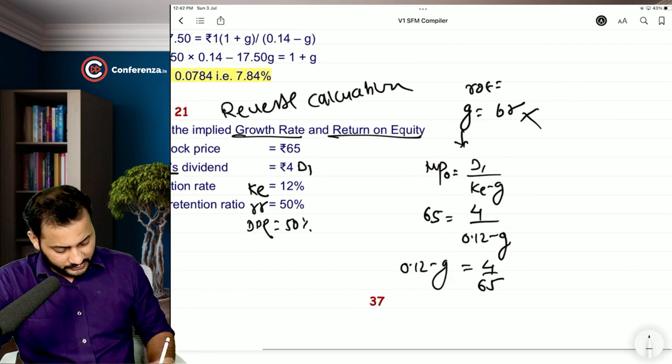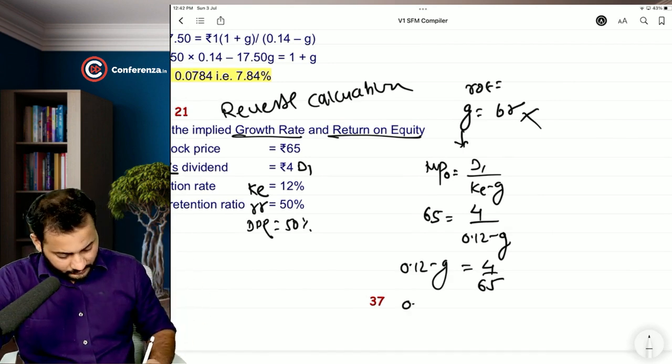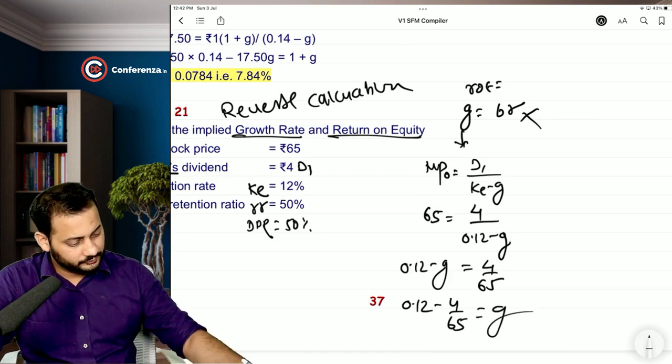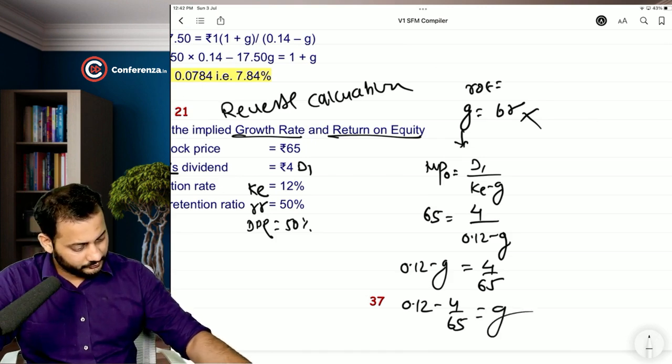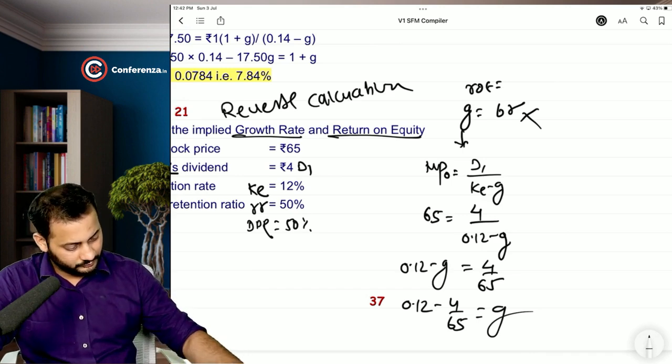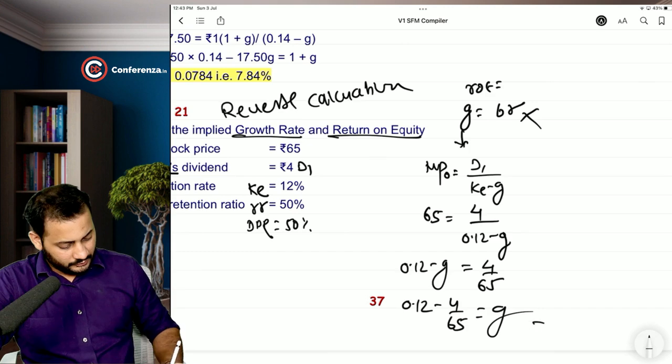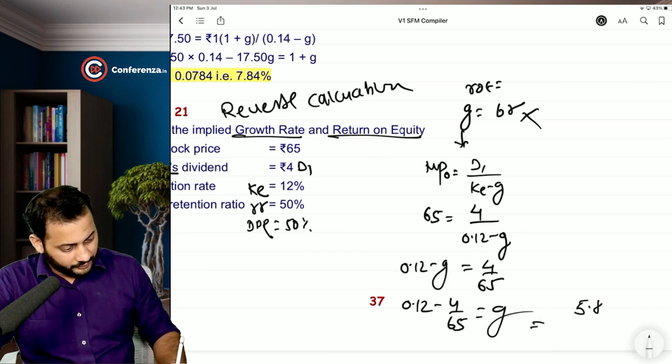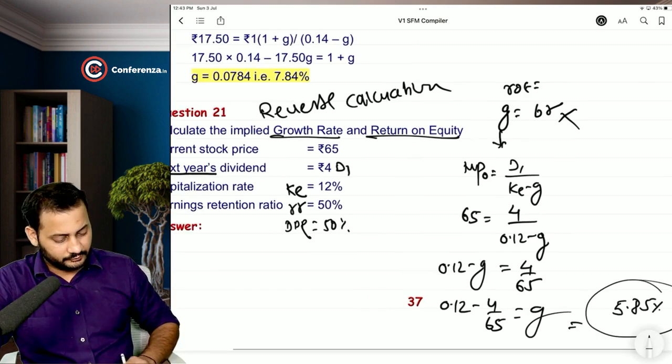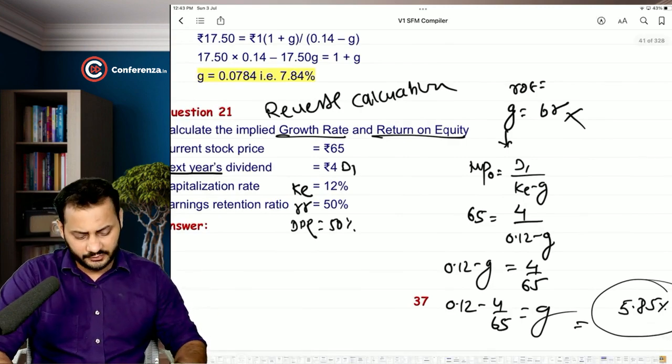So 0.12 minus 4 divided by 65 is equal to growth. Growth will be 5.85%. If you go with this formula, it's very easy, right?